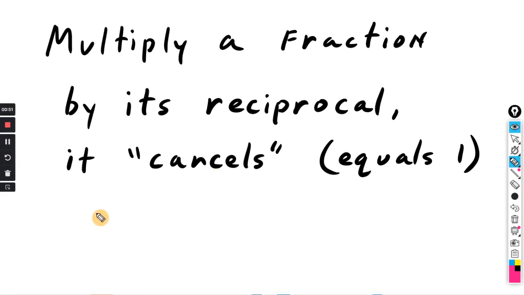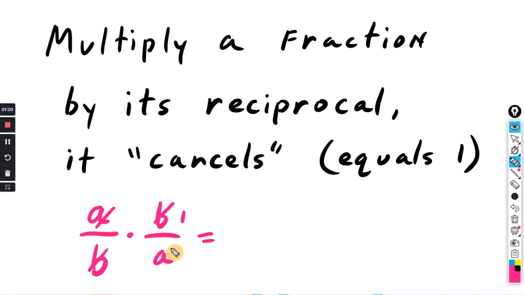So if you have a fraction, let's say a over b, and you multiply by its reciprocal, so times b over a. And now what happens right there? Well, these are multiplied, so you can cancel top and bottom from one fraction to the other. b divided by b cancels, it's just 1.